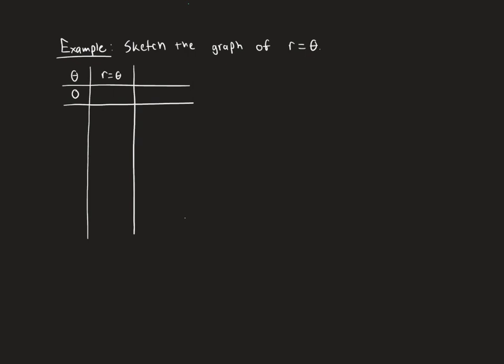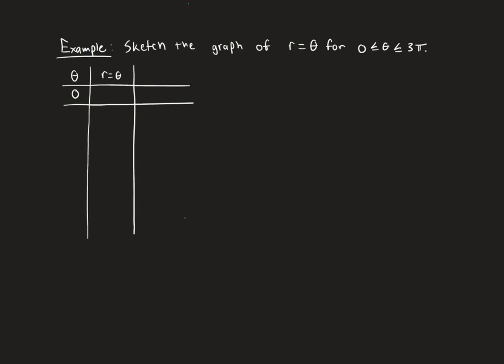There's a little bit more to this question. For 0 less than theta less than or equal to 3 pi. So we don't want the whole graph, we only want the graph for some particular angles.